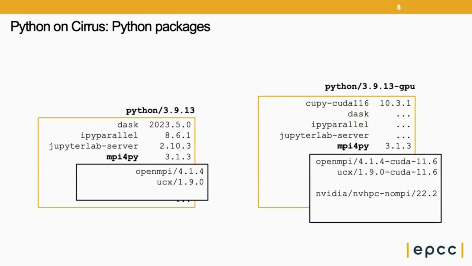Now, some of these packages that are provided centrally have been built such that they are linked to specific libraries, and in the case of Cirrus, the MPI library is OpenMPI, and that also includes the low-level UCX communications library. And then we also have other libraries specific to NVIDIA.